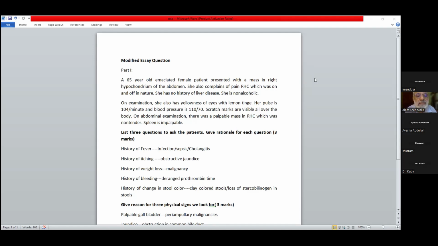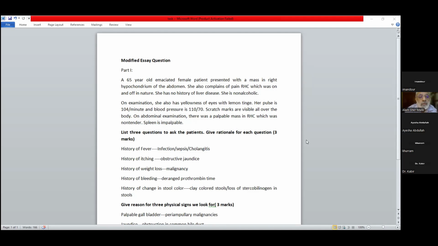Because here, although you are asking questions based on differential diagnosis, students may not think in those terms. Otherwise, it's excellent. So let's list 3 differential diagnoses, and for each differential diagnosis, ask 1 or 2 questions. That would be a very good approach here.